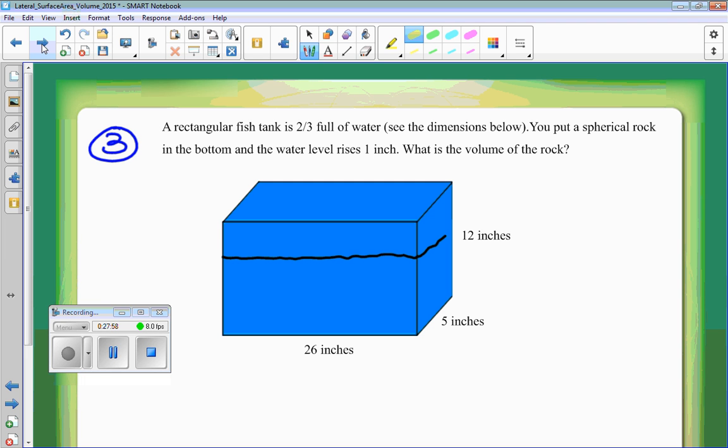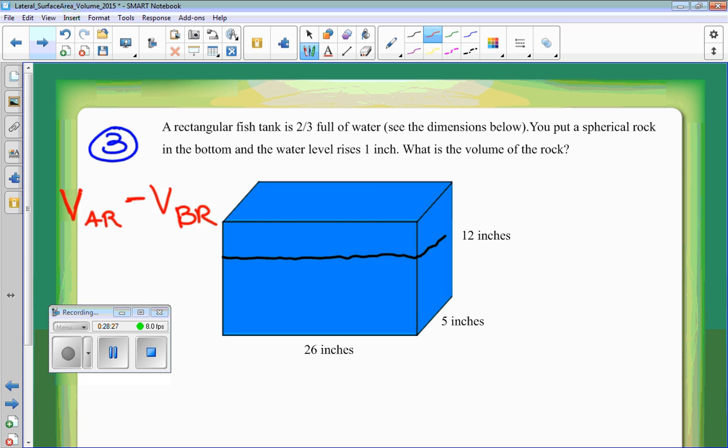Is that a plan of action that we could try to use? So that's what we really want to do. We're going to subtract, or actually the other way around, because after will be bigger, won't it? So we need to find the volume after the rock, and we're going to subtract the volume before the rock. And that will help me figure out the volume of the rock.